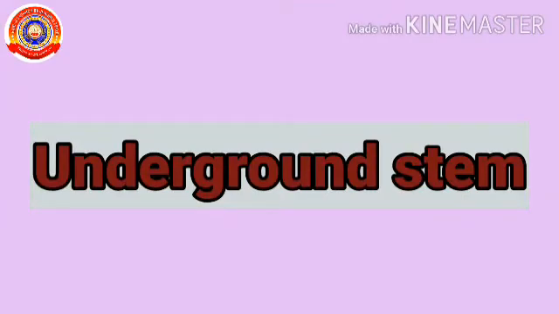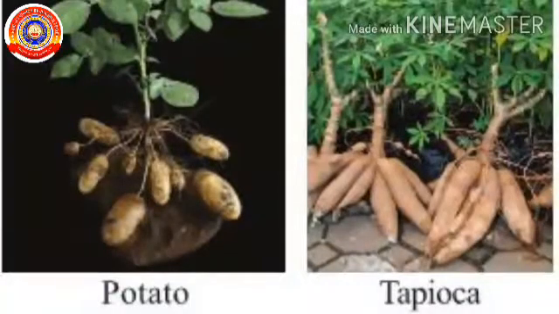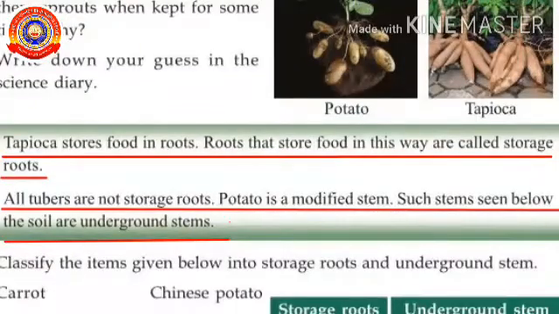Now we can compare potato and tapioca. Both are seen below the soil, but one is a root and the other is an underground stem. Tapioca stores food in its roots. Roots that store food in this way are called storage roots.